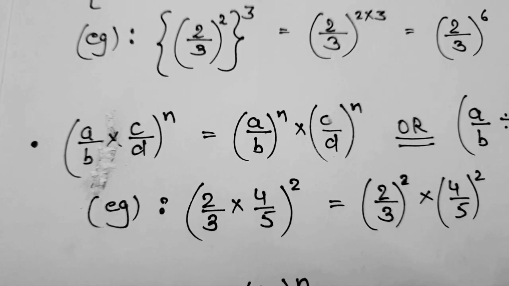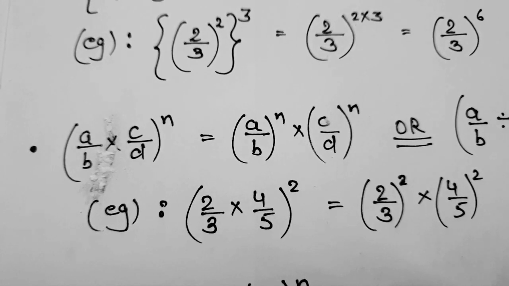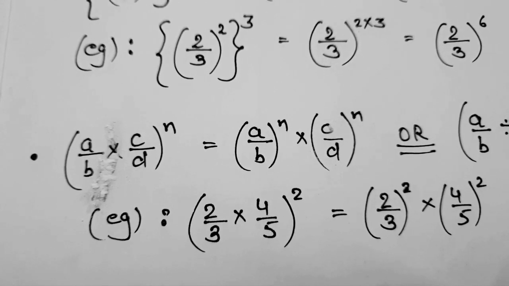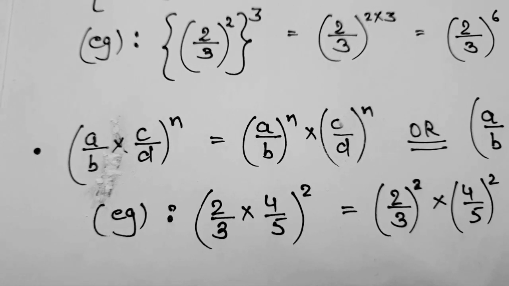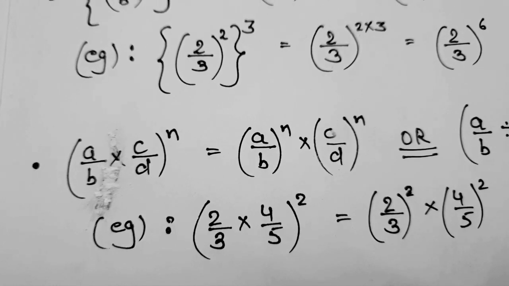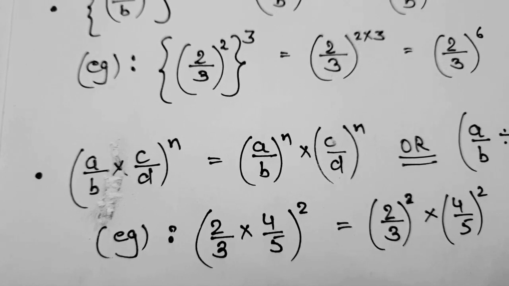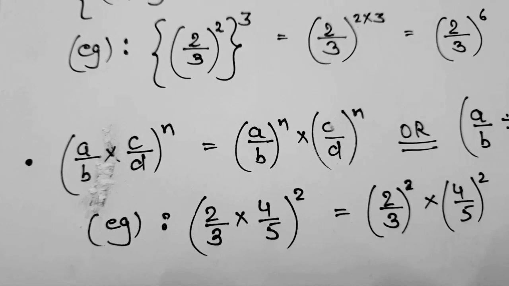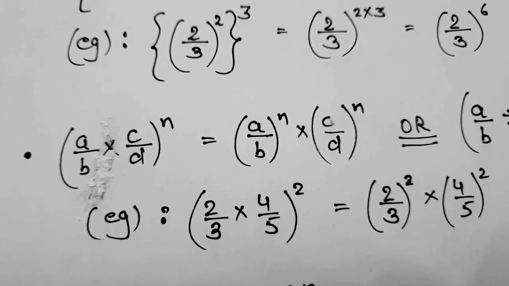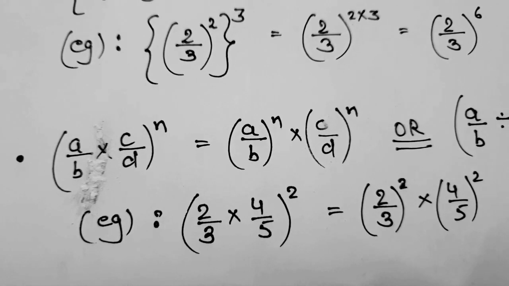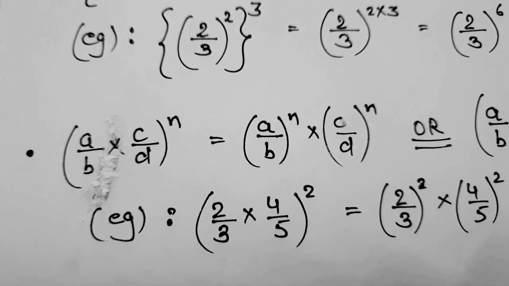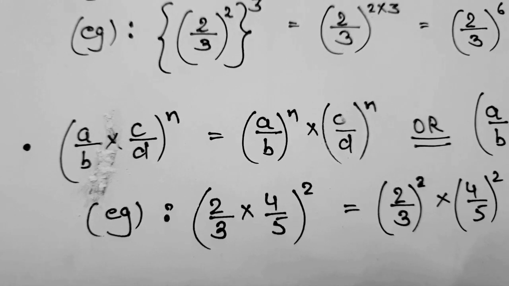Rule number 4 says, in the case of multiplication or division, if the bases are having the common power. Now see the rule. (a/b into c/d)^n. Now how are we going to solve it? It's very simple. Can't we call it as (a/b)^n into (c/d)^n?